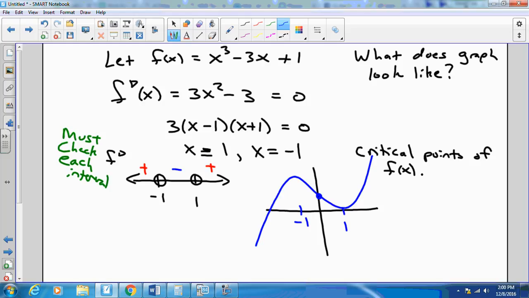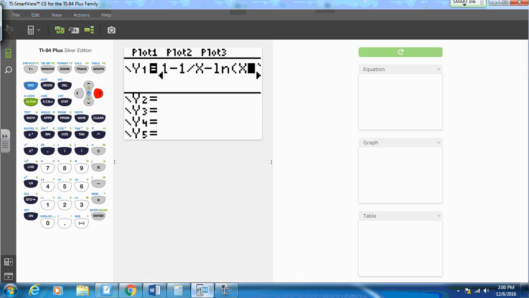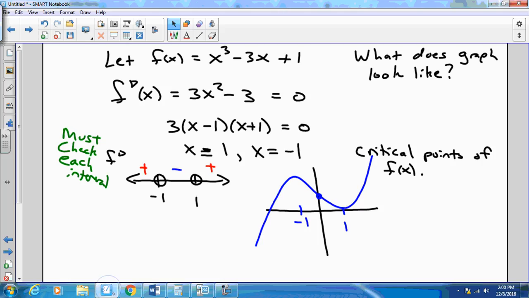How well did we do? Let's find out. If I take my calculator here, and I let y equal x cubed minus 3x plus 1, double check that that was my function.